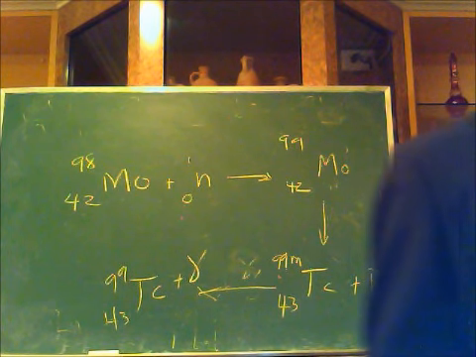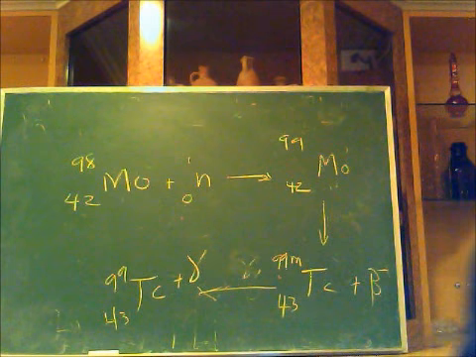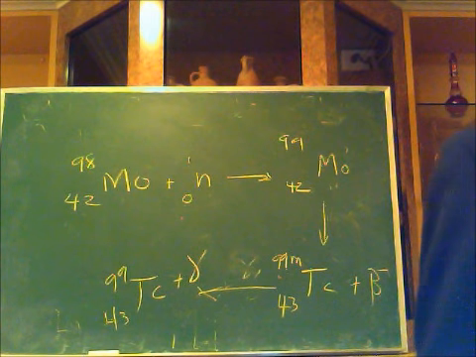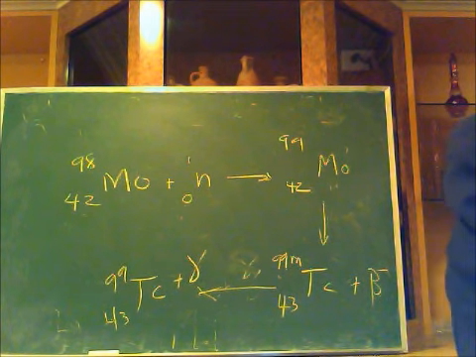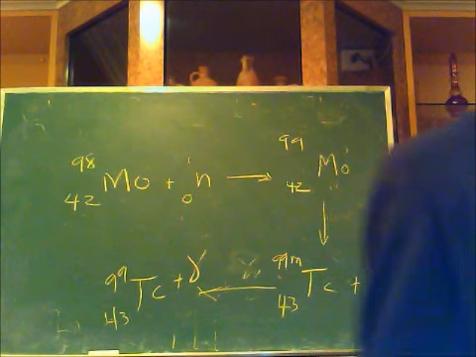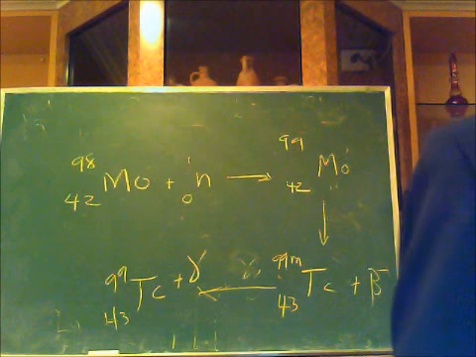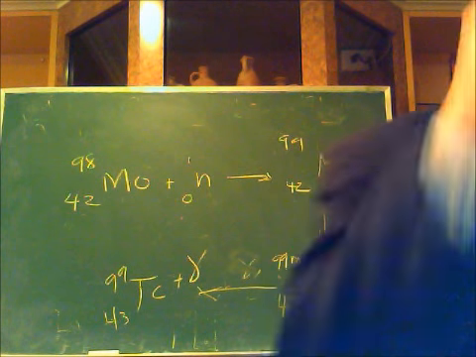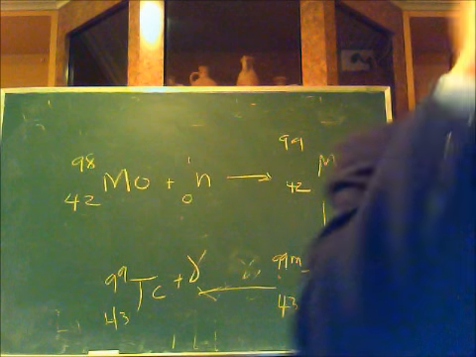There's 159 of them. If we get an even and an odd, or an odd and an even, that is, an even number of protons and an odd number of neutrons, or an even number of neutrons and an odd number of protons, we get about the same number of stable isotopes, about 50 to 53 of them.